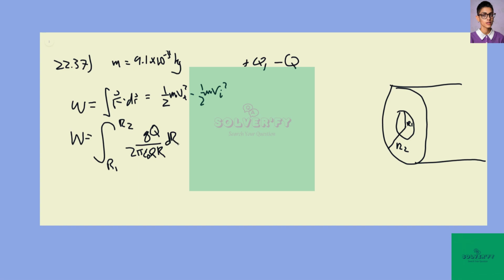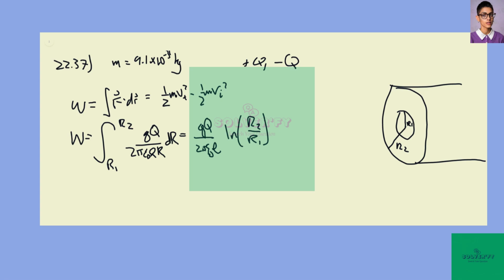And we integrate with respect to r, so it's dr. Integrating this is just an integral of 1 over r, which comes out to be the natural log. And so the constants out here are q over 2 pi epsilon naught L, and then we have ln of R2 over R1. Cool.